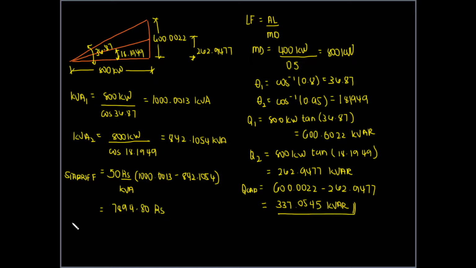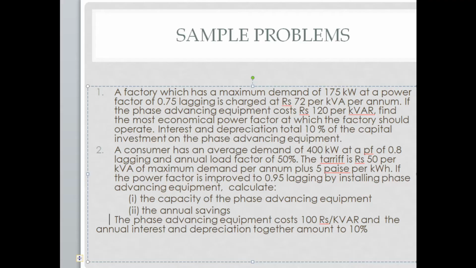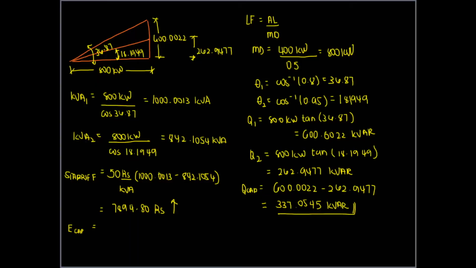This is in rupees. However, we also have the expenses due to the power factor correction. So expenses of, let me just say, the capacitor. So this is savings, right? But you have this is your annual saving, but you also have your annual expenses. So what's the rating? 10% of 100 rupees per kVAR.